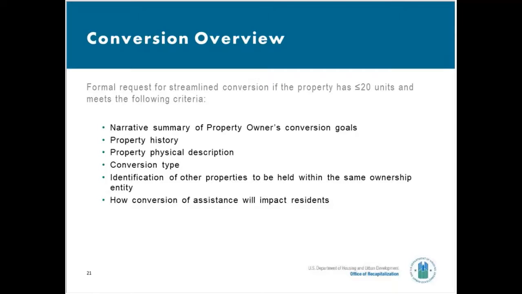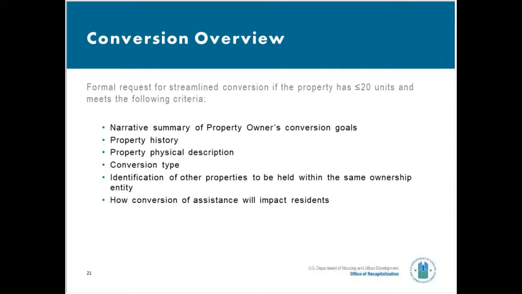You want to make sure that you're able to continue providing affordable housing for the next 20 years. Also, in your conversion overview, you're going to provide property history. We're going to discuss the physical description of the property.